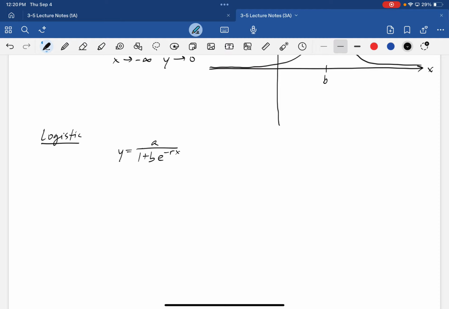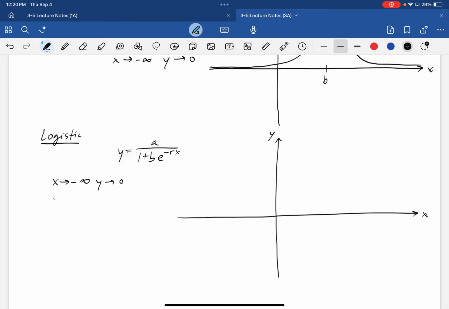You need to be able to know the name from recognizing the equation, and here's how we graph it. The logistic function has two different horizontal asymptotes. As x goes to negative infinity, y goes to 0. And as x goes to infinity, y goes to a. Okay, so we're going to have two horizontal asymptotes, and it's going to look like this.